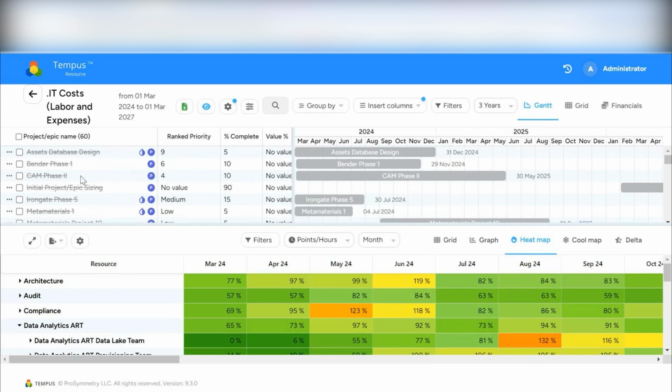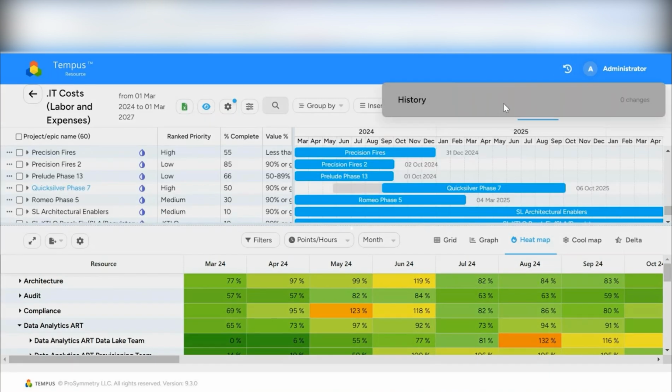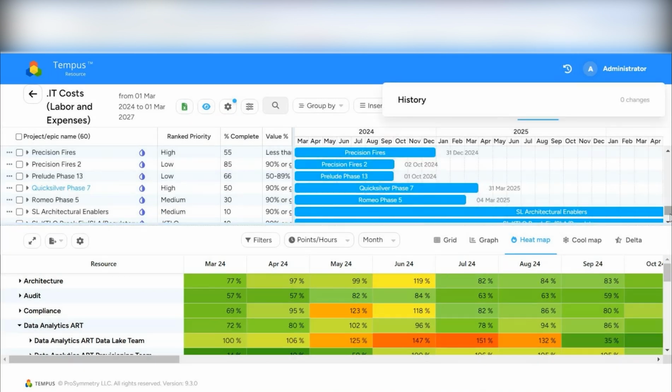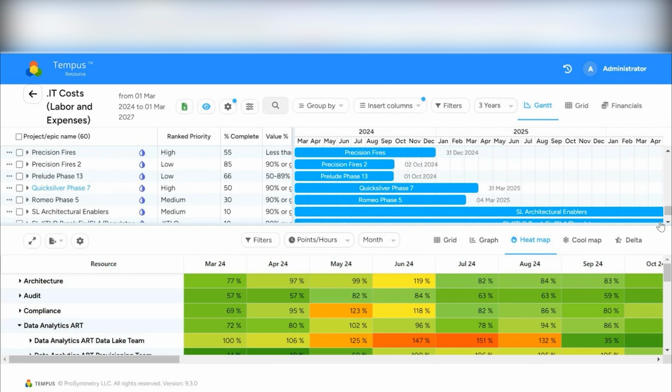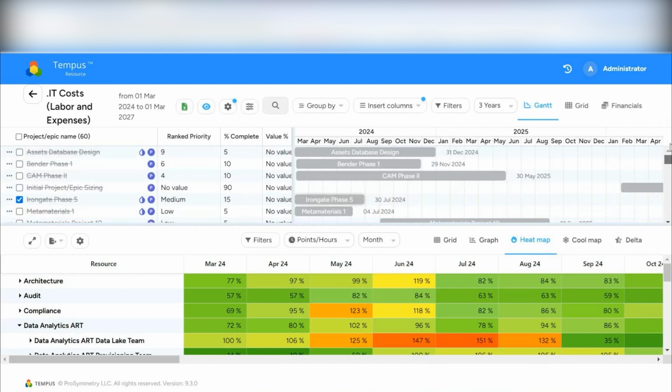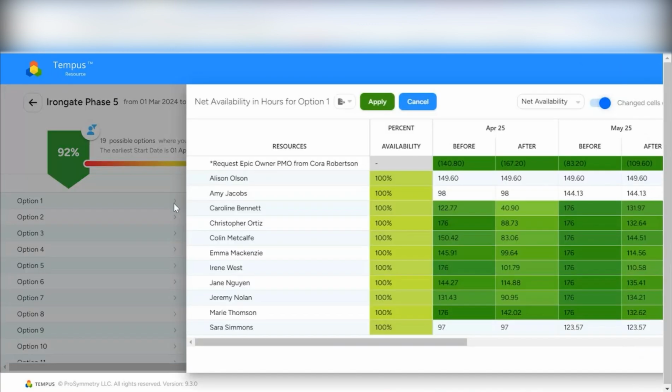But I have new work here that I want to introduce into this portfolio. We'll clear out the adjustments that we already made and say, hey, what happens if I bring a project like Iron Gate 5 in, right? What happens to my portfolio if I want to include this? Where can I start it? The opportunity map will lay out dates based on the resources that you need, right?